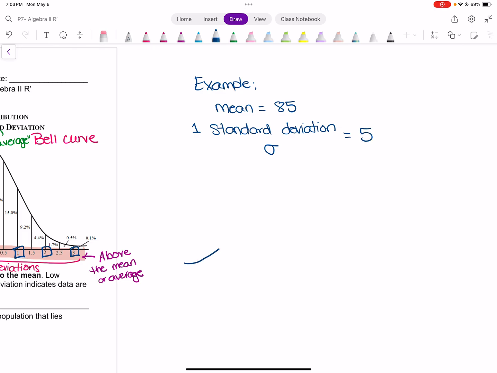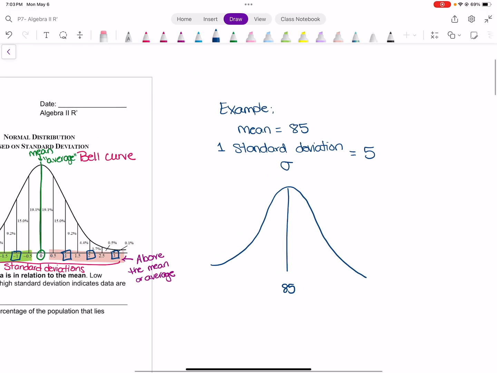So that means that if I'm looking at this bell curve, right down the middle would go my mean or my average. Where I had, let's say, the +1, +2, and +3 before, I would have the +1, meaning I am right here, 1 standard deviation above the mean.